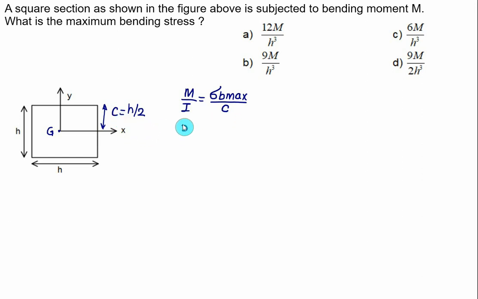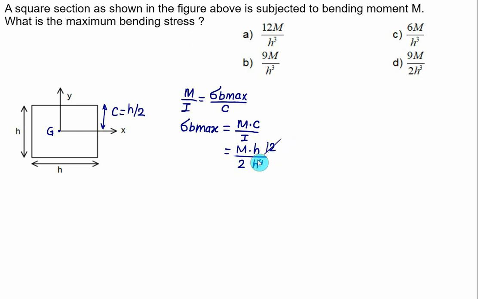So we have the maximum value of the bending stress equal to M into C divided by I. M is the bending moment, C is equal to h divided by 2, and I, the moment of inertia, is h to the power 4 divided by 12. So 12 will shift to the numerator.